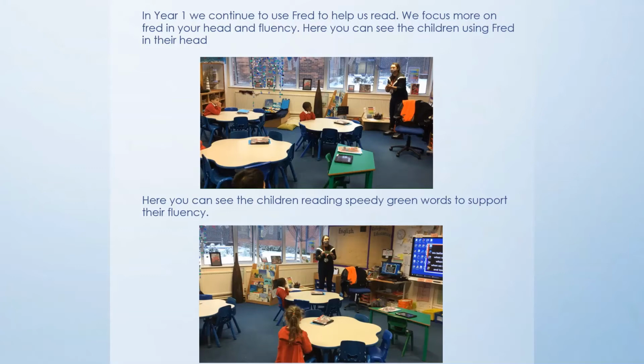These are words with sounds that our children are really used to, so they read them a lot quicker. This is where we are thinking about fluency. They are not having to sound it out for as long in their heads. Here is a video of the children doing some speedy green words in the classroom.